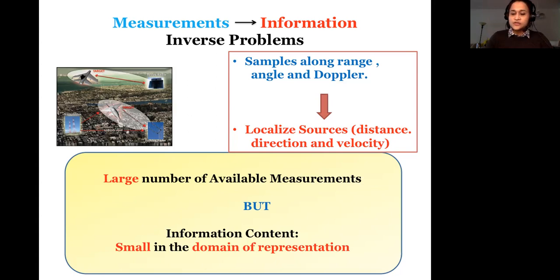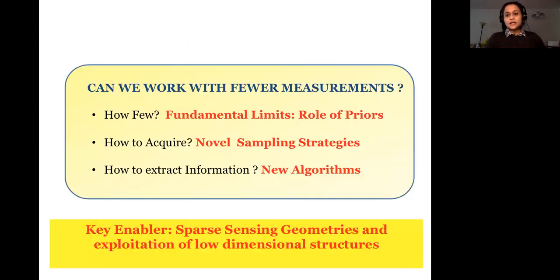So this leads to the question that, can we work with fewer measurements? If so, what is the fundamental lower bound, okay? How many measurements do you need to identify a certain number of parameters, okay? And if you know something else about the parameters, then that can also be incorporated in deciding the fundamental bound. Now, once you know the fundamental bound, how to develop new sampling strategies that can possibly come close to this bound.